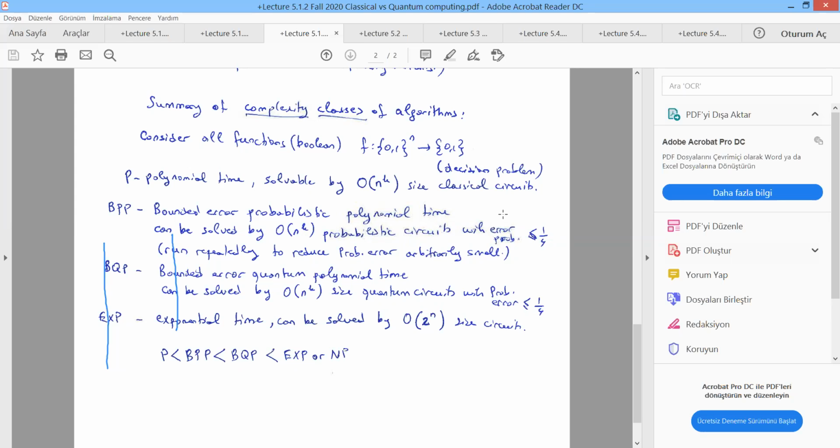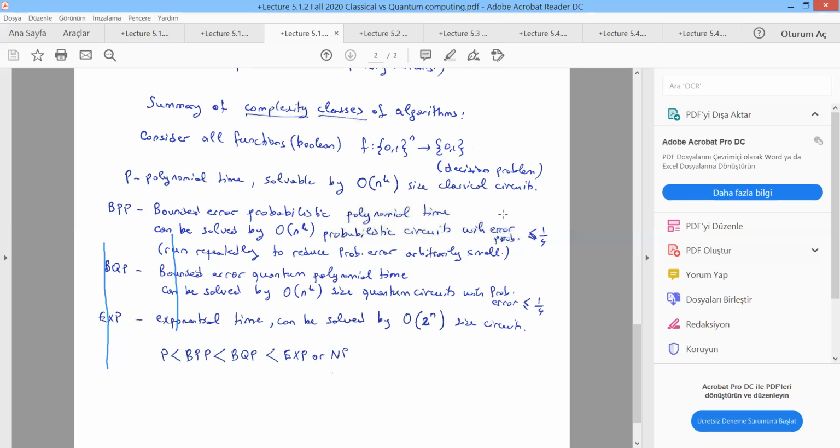The other classical complexity class is bounded error probabilistic polynomial time. These are the problems that can be solved by, again, order n to the k probabilistic circuits this time. The complexity increases polynomially with n, but now considering probabilistic algorithms or probabilistic circuits with error probability less than 1 over 4.